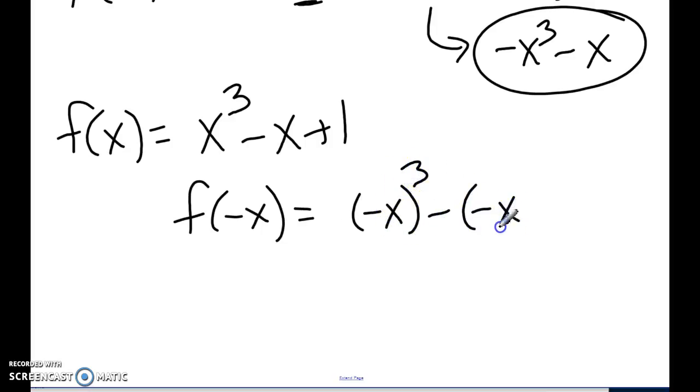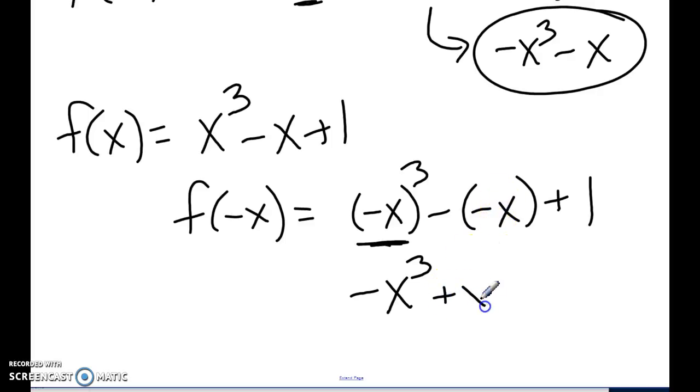And so notice how I'm just making those substitutions. The result is, well, if I take a negative number times itself 3 times, I still end up with a negative number. Our final answer we want to write without the parentheses. If I subtract from it a negative number, well, that becomes positive x and then plus 1.